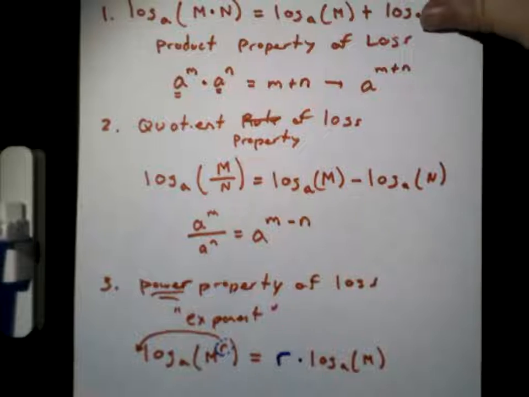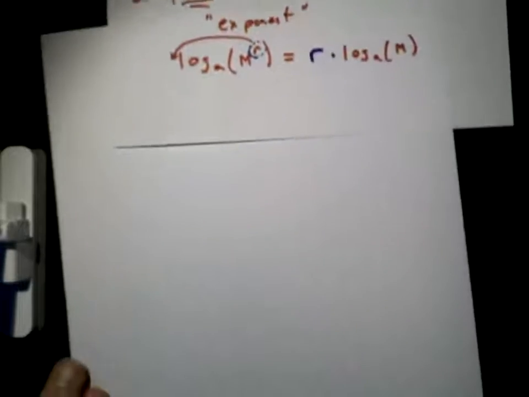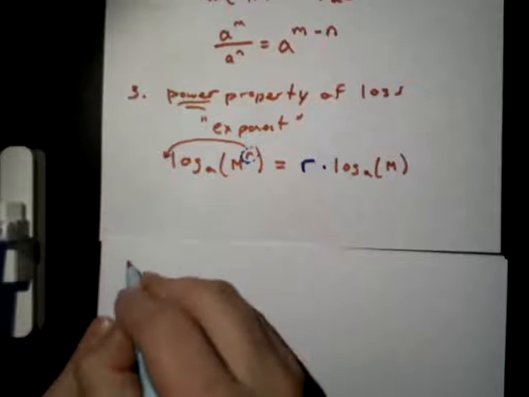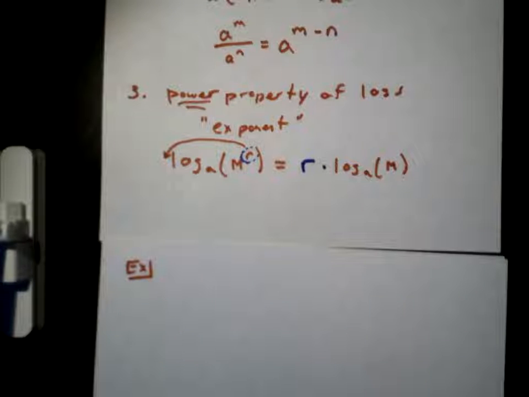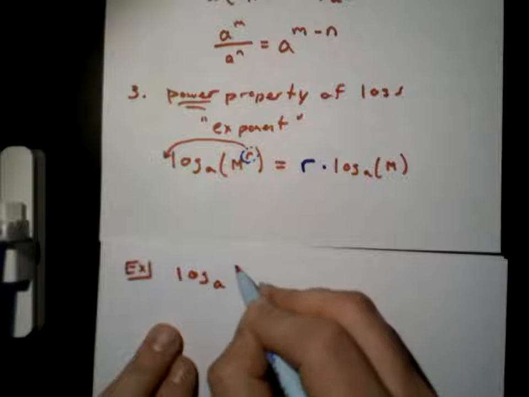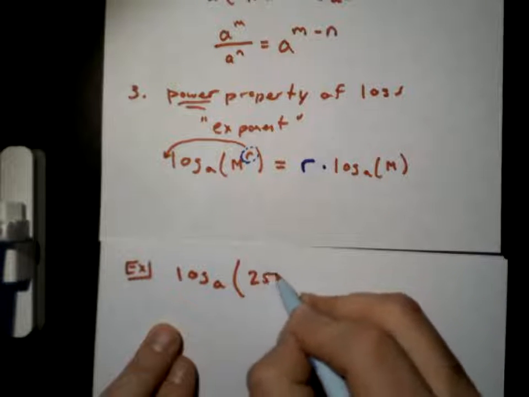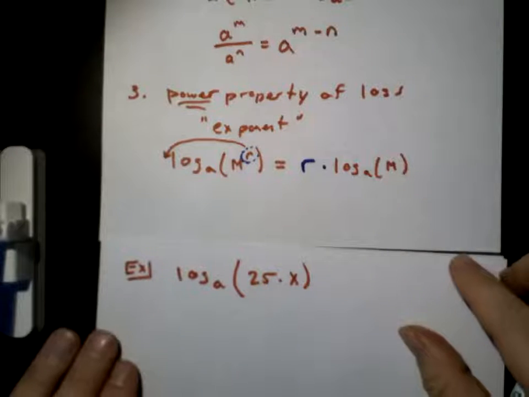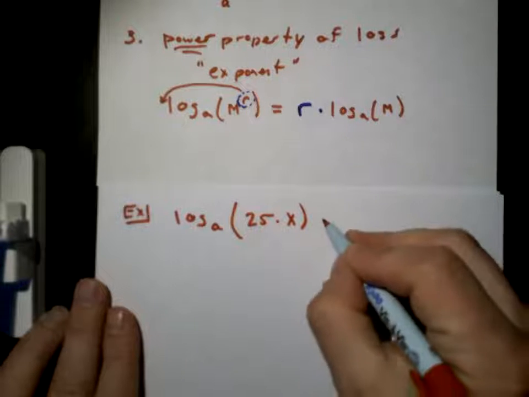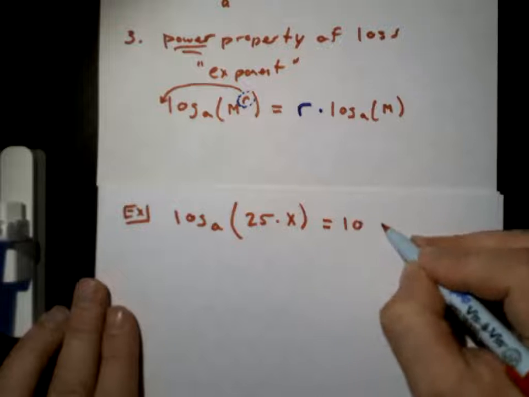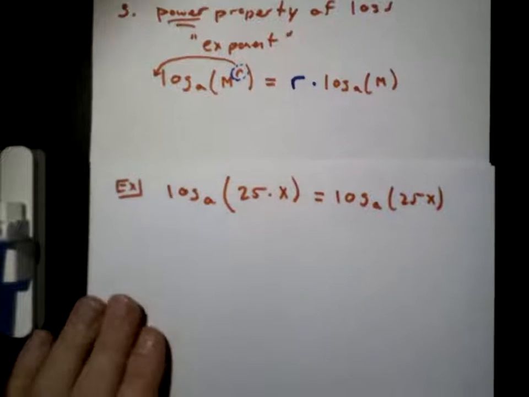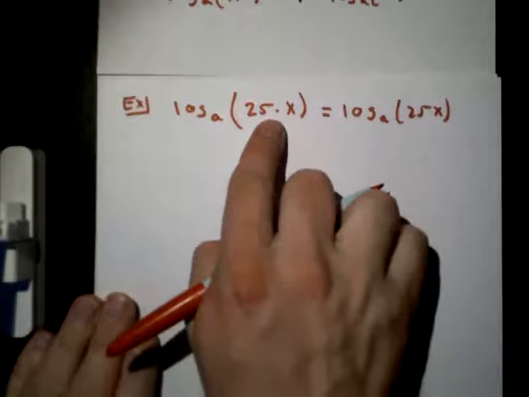All right, so let's do some examples with these and keep these in our mind. Let's make a couple of examples here. Let's do log base a of 25 times x. I don't want you to get confused, but another way you can see this is 25x. It's the same thing, but it is a product.